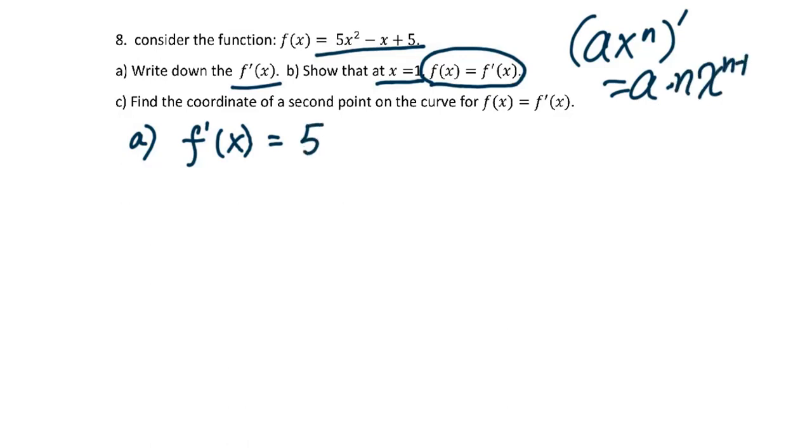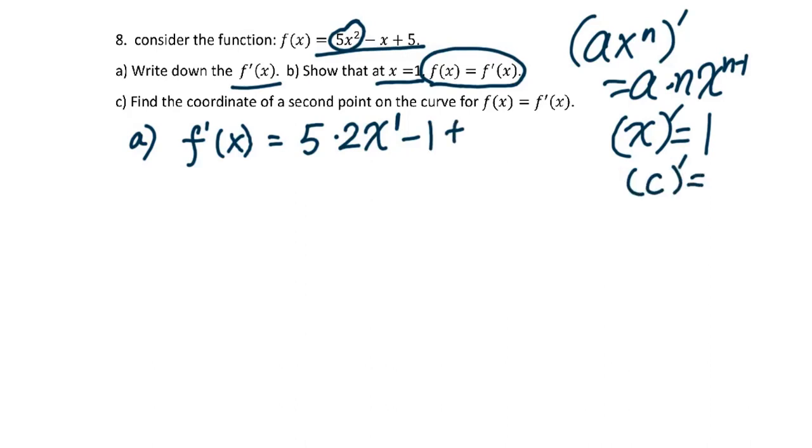So you get 5 times 2, drop down minus 1, x to the first power, minus... remember, the derivative of x equals 1, so minus 1. The constant's derivative is 0. Organize, and you get 10x minus 1.